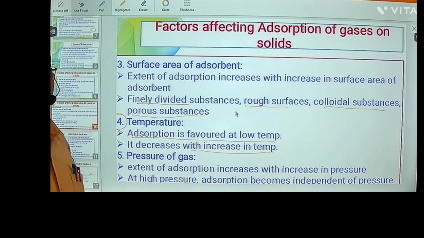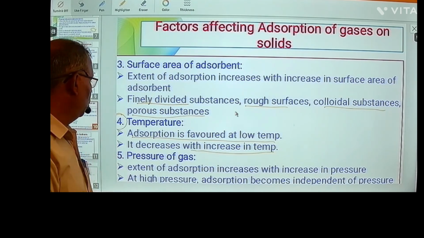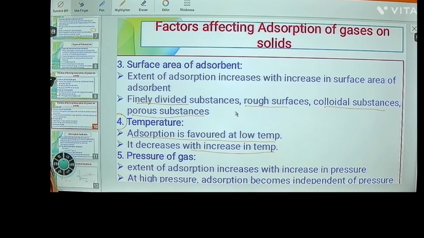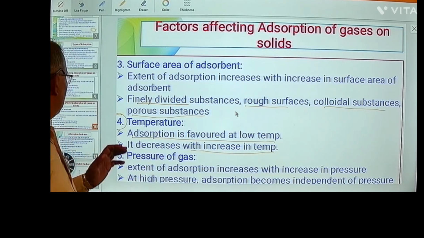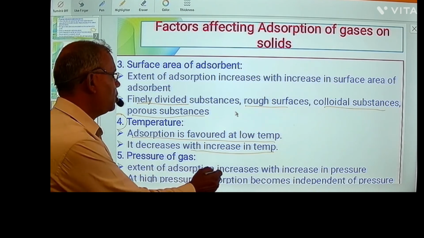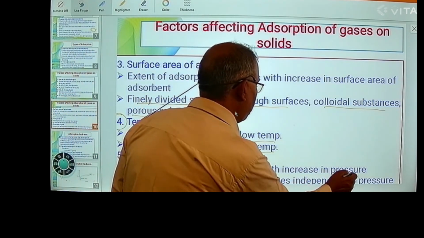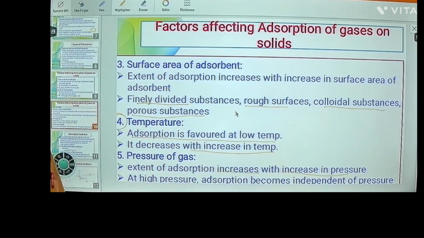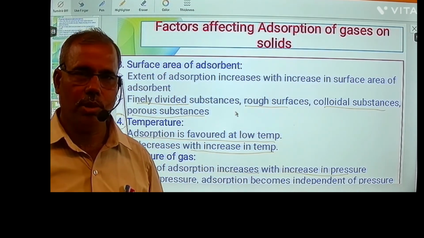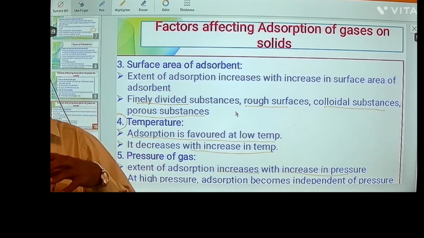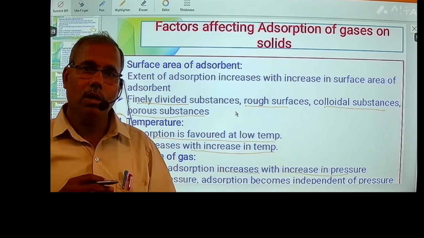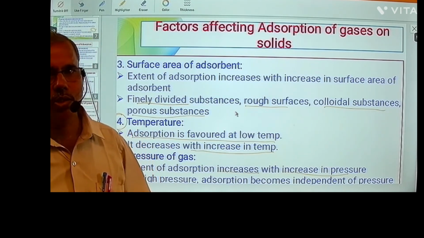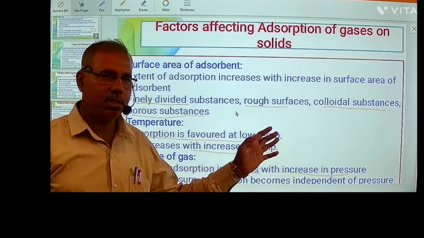Temperature वाढलं तर extent of adsorption कमी होतो. Then pressure of gas. गॅसचं प्रेशरवर adsorption कसं अवलंबून असेल तर extent of adsorption increases with increase in pressure. प्रेशर वाढलं ॲडसॉर्प्शन वाढतं, कारण ॲडसॉर्बेटच्या पार्टिकल्सच्या वरून एक्सटर्नल प्रेशर जर वाढलं तर ते इझिली ॲडसॉर्बंटच्या सरफेसवर ॲडसॉर्ब होतील आणि ॲडसॉर्प्शनचा एक्सटेंट वाढेल.